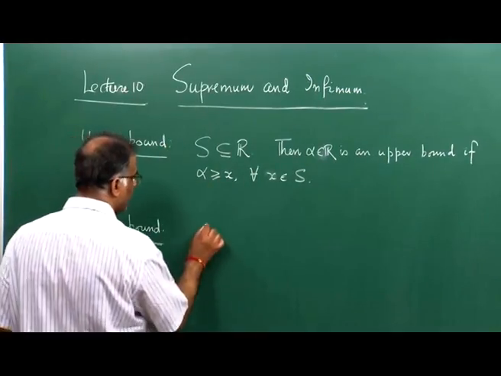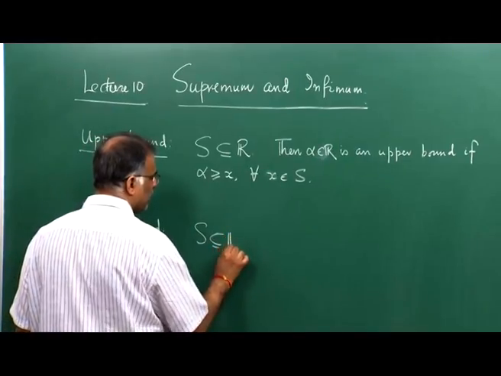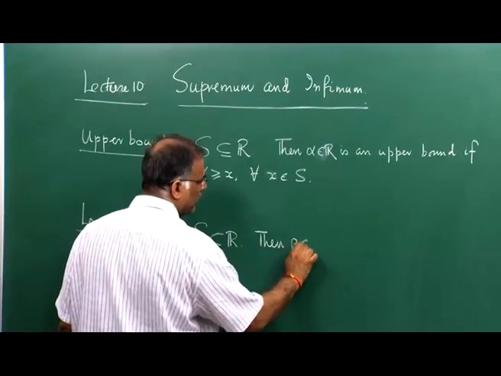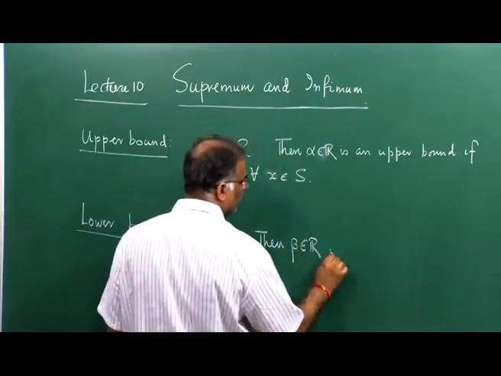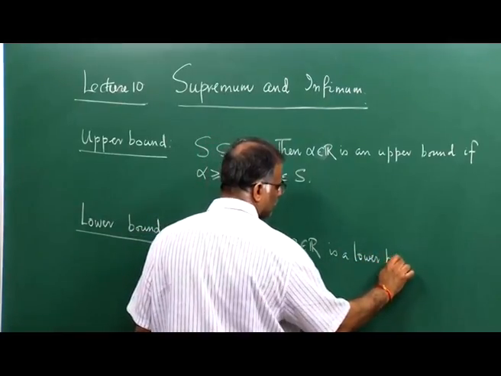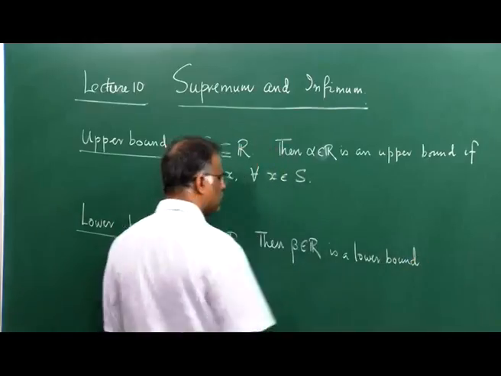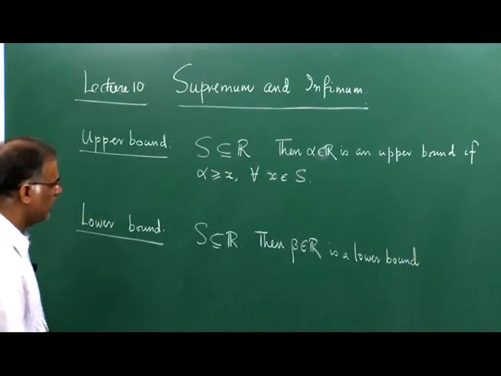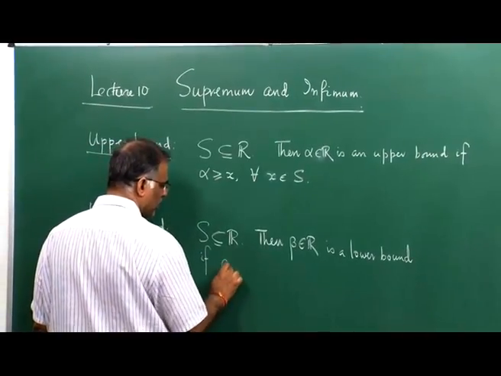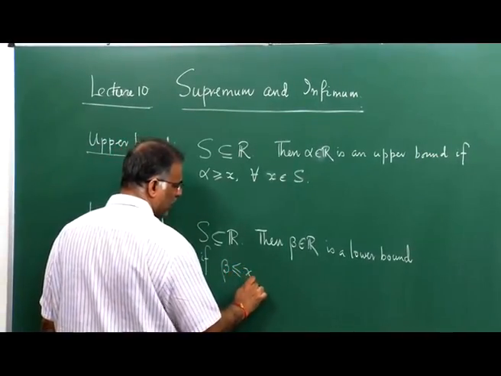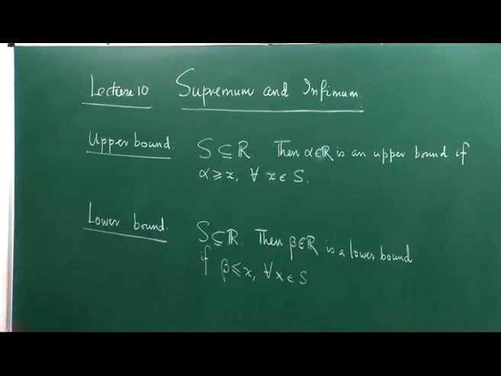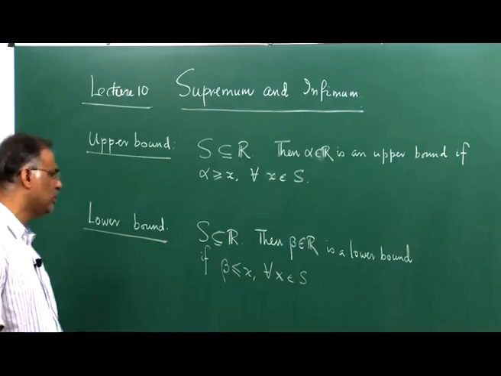Similarly, we take again S subset of R, then beta element of R is a lower bound if beta is less than or equal to x for all x element of S. Now, observe that any number less than beta is also a lower bound.